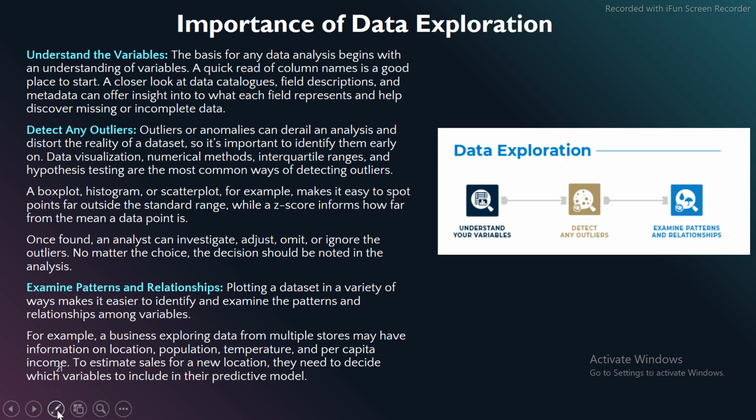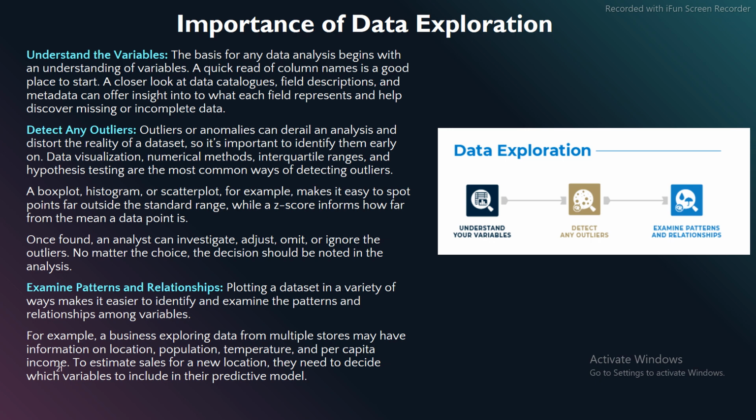Once you have the data, the outliers play an important role. You also want to trim the outliers, because if you have outliers, it can distort your research. So once you have detected the outliers, it's time for you to remove those outliers.